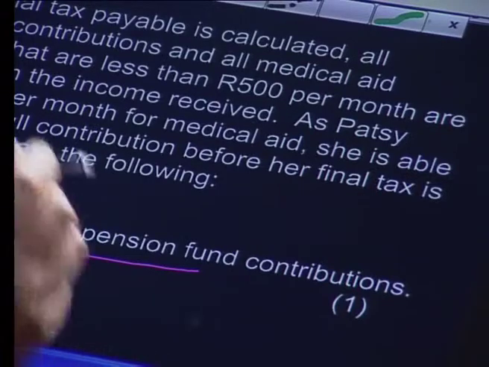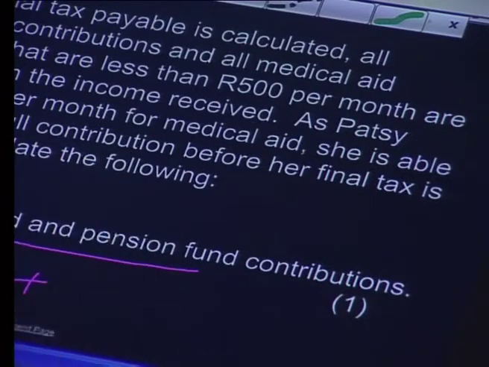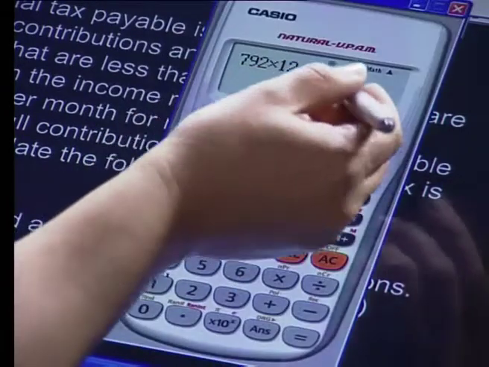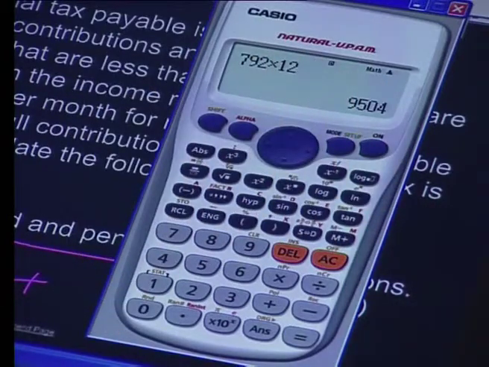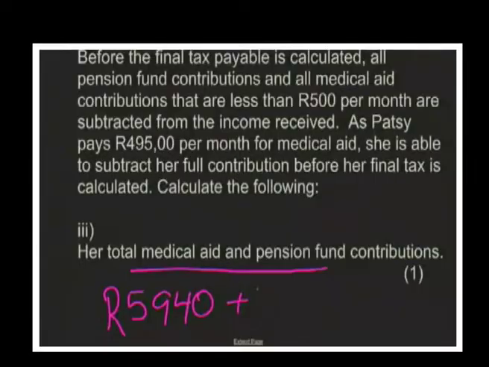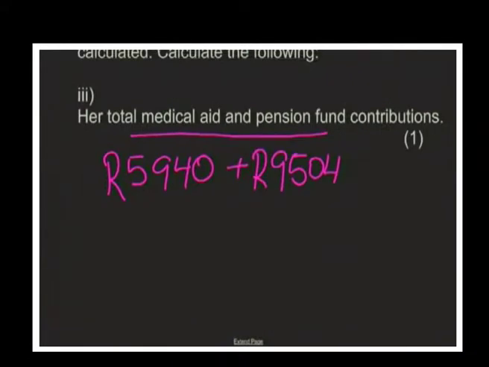Right, so we've got our medical aid, and now we should have our pension fund contribution on the calculator. Let's check what that was: 9,504. So let's write that in. And now let's get our total for that.